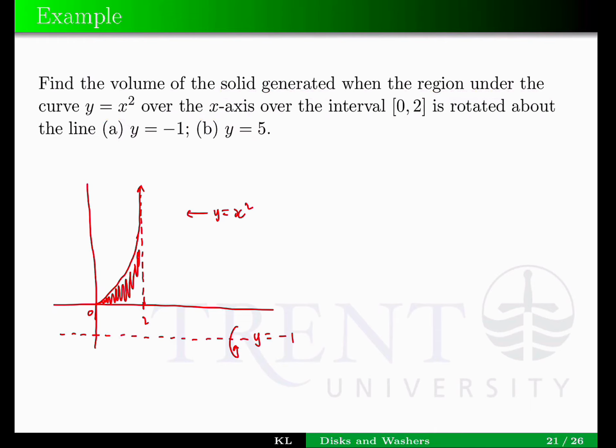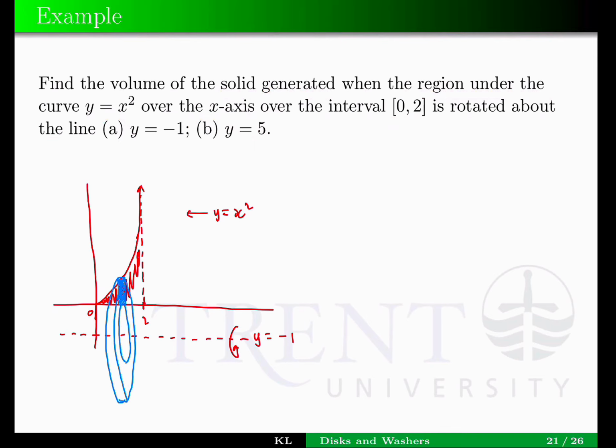Let us set up the definite integral. The axis of revolution is horizontal. The strips that we are going to consider are vertical. Once this strip is revolved about that axis of revolution, notice what will be created.